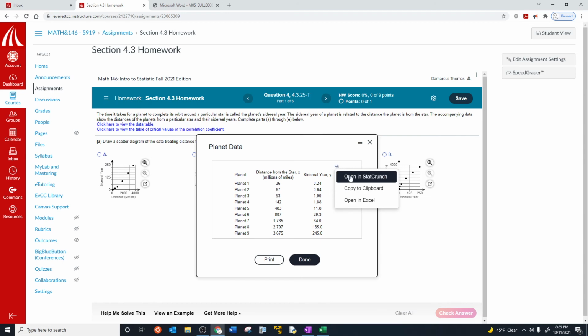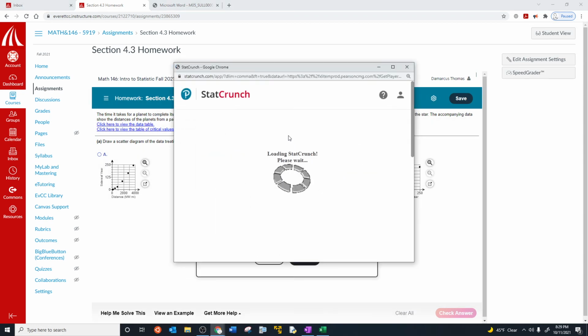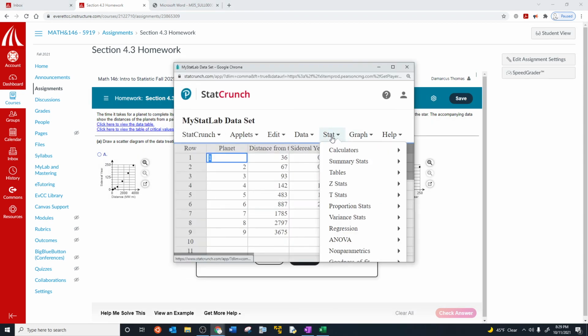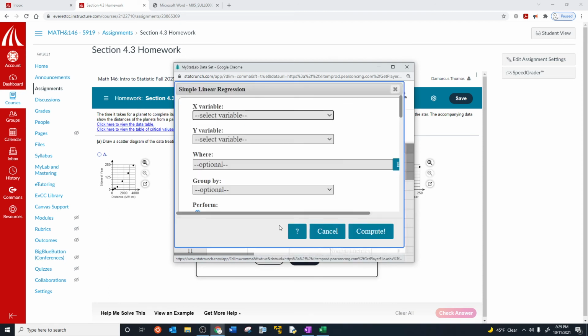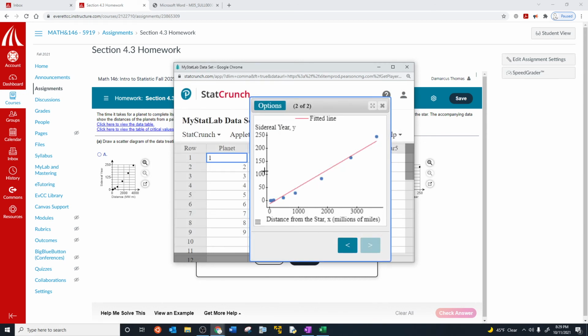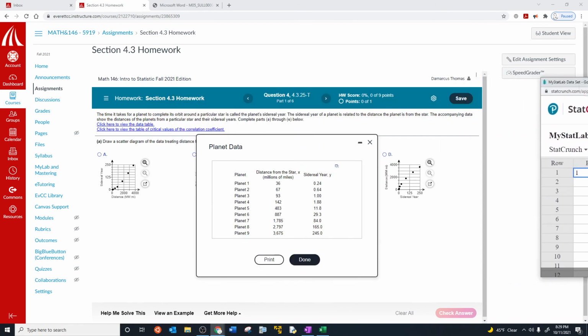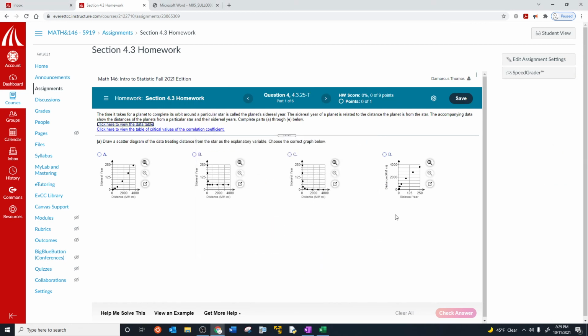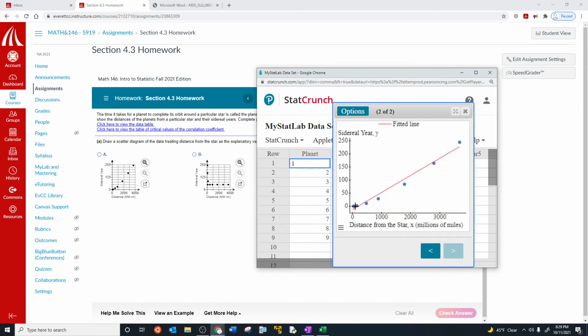You could do this in StatCrunch pretty easily. Now it's just a matter of choosing the one that looks like it starts off kind of slow and then shoots up. Looks like A.